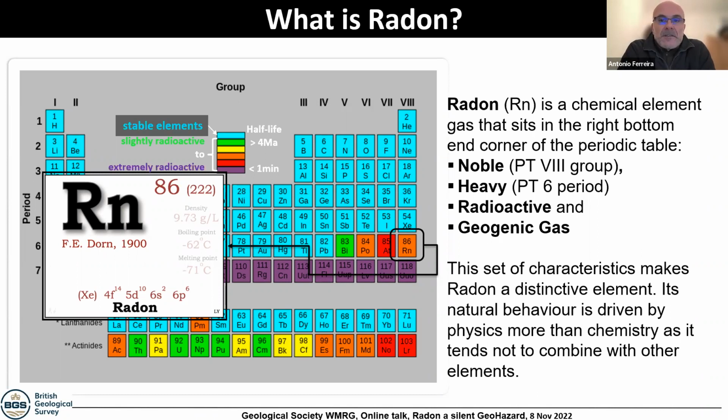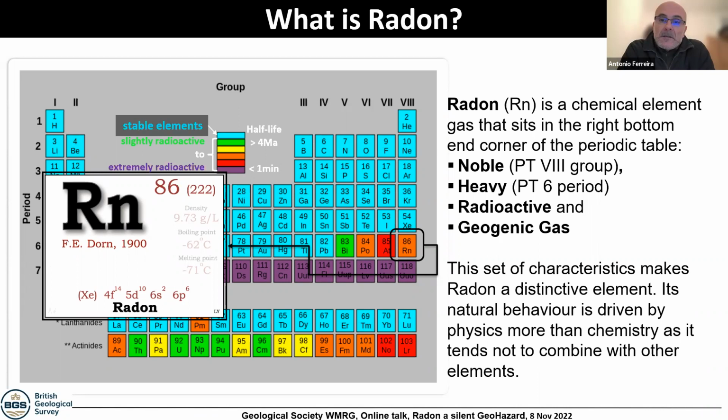This set of characteristics makes radon a distinctive element. Its natural behavior is driven by physics more than chemistry, as it tends to not combine with other elements, not even with itself. Noble gas means that it has very low chemical reactivity.